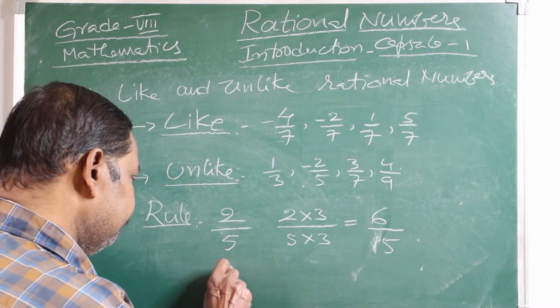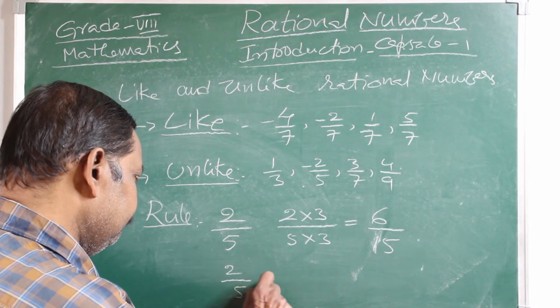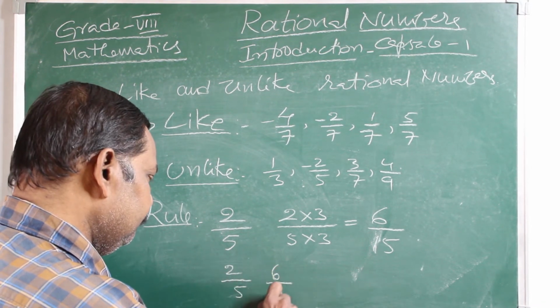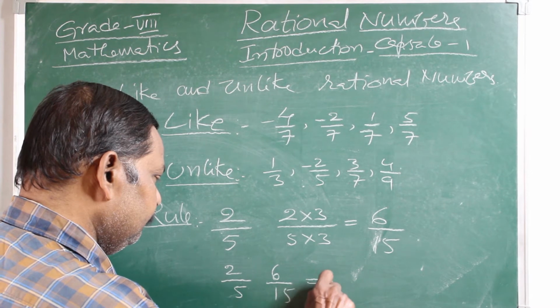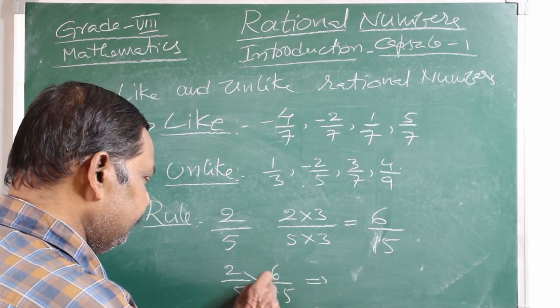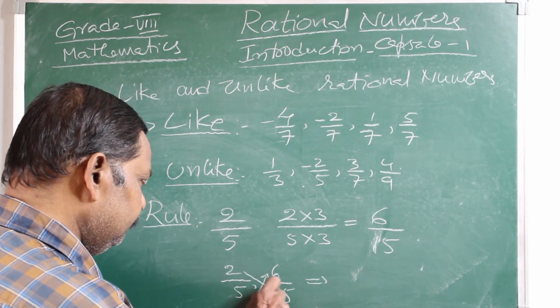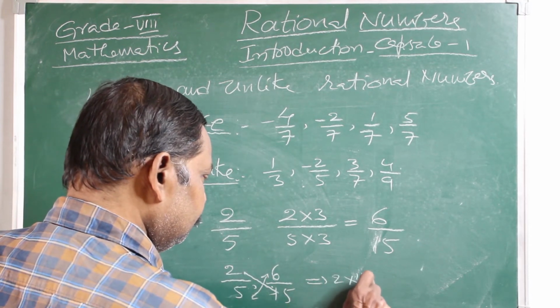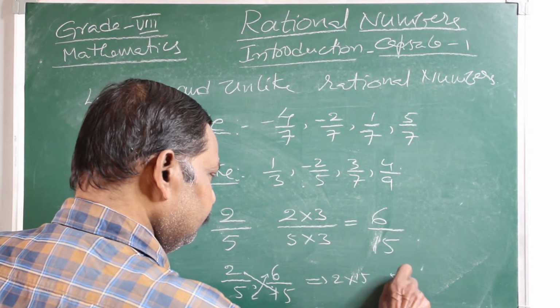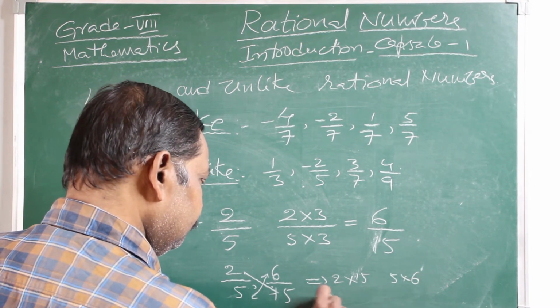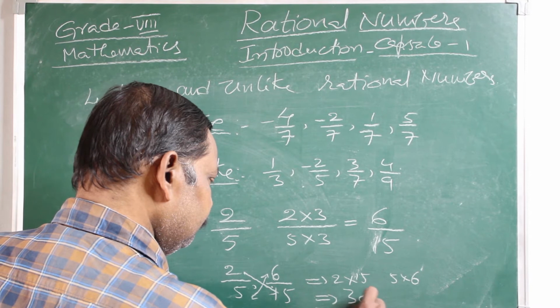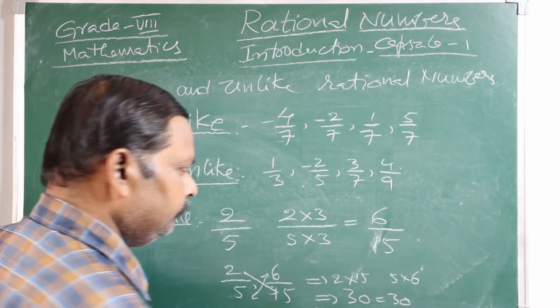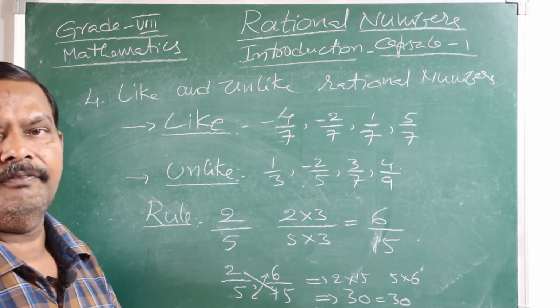Let us verify. Take the cross multiplication. So, you are getting equal fractions.